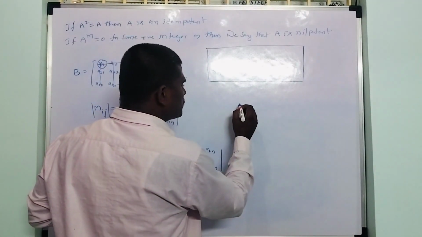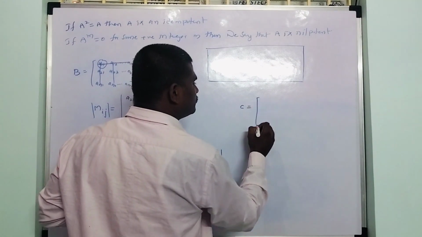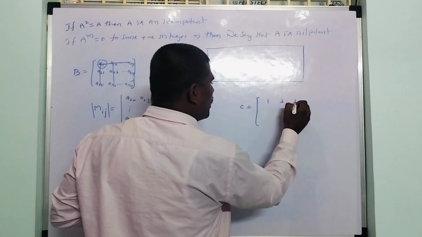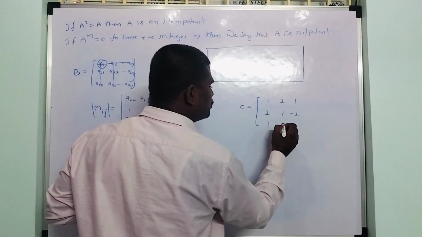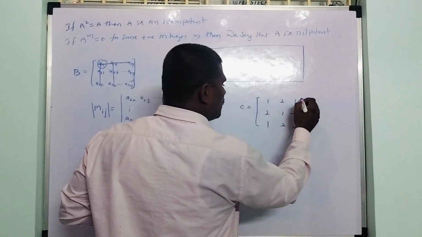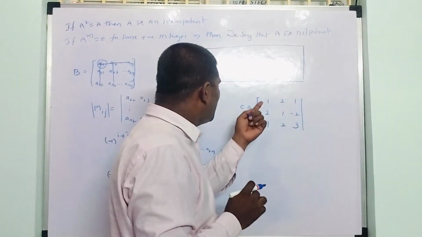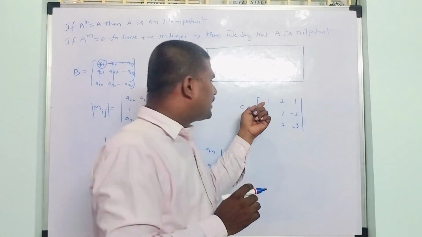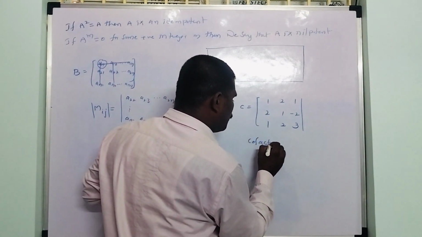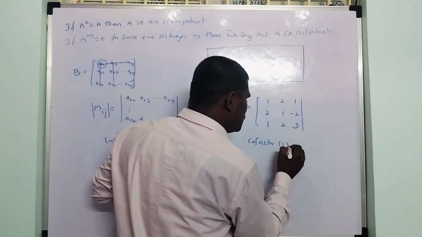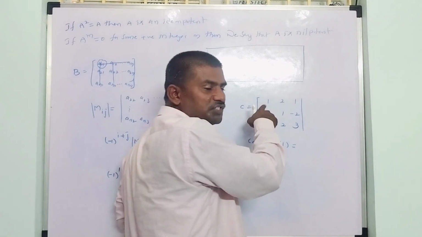Suppose your matrix C is equal to the matrix 1, 2, 1, 2, 1, minus 2, 1, 2, 3. Now I would like to find the cofactor of the element 1. This 1 is in the first row and first column.